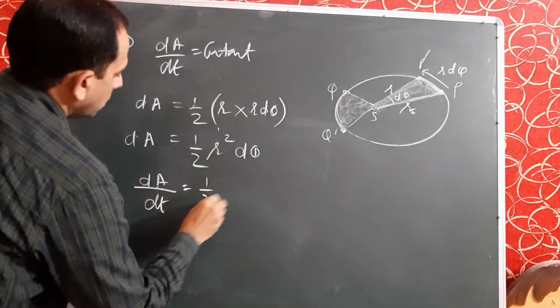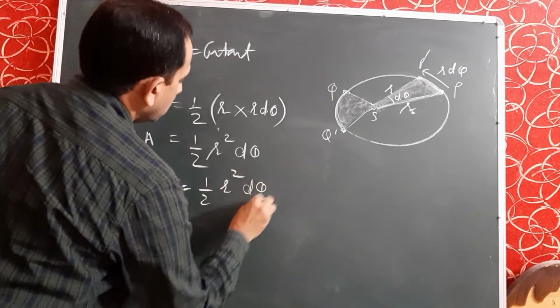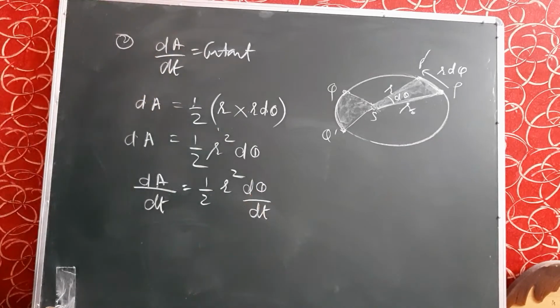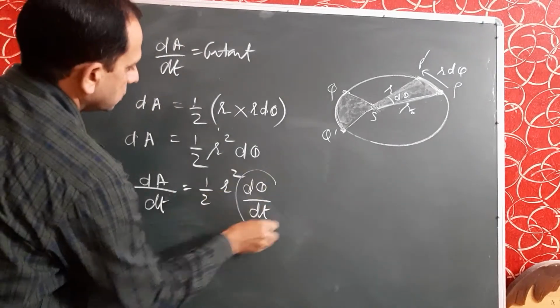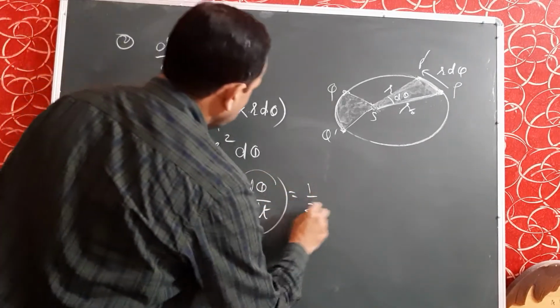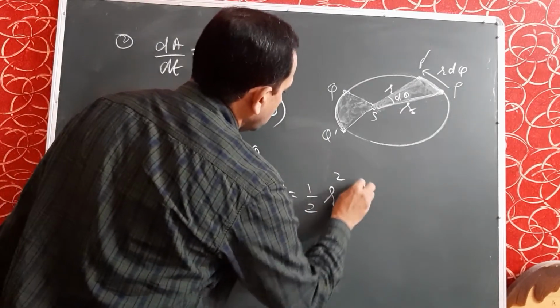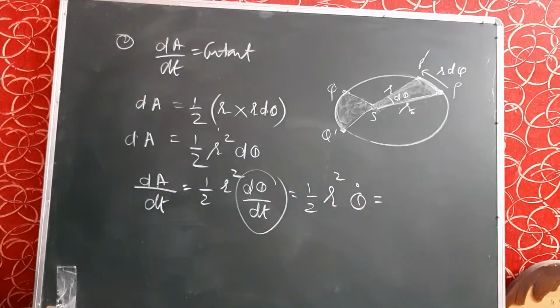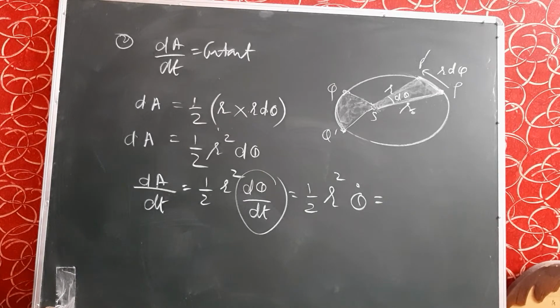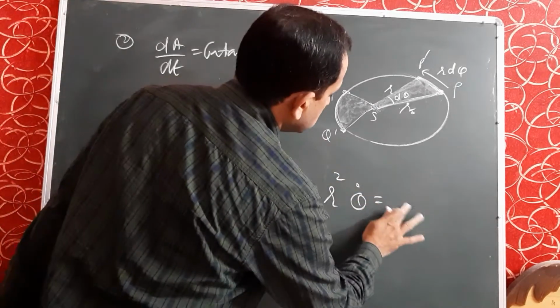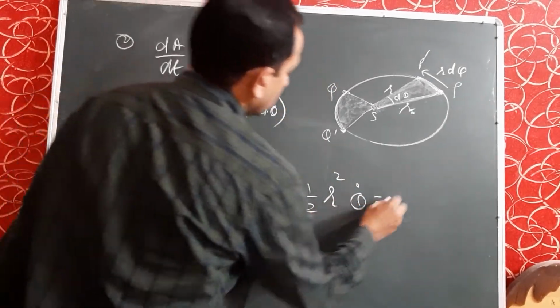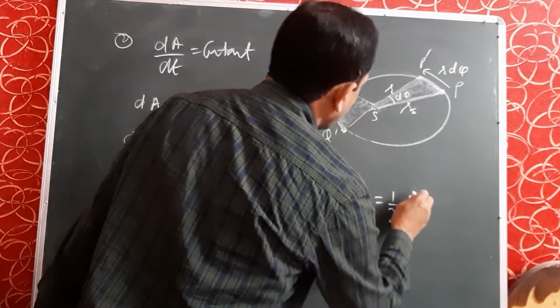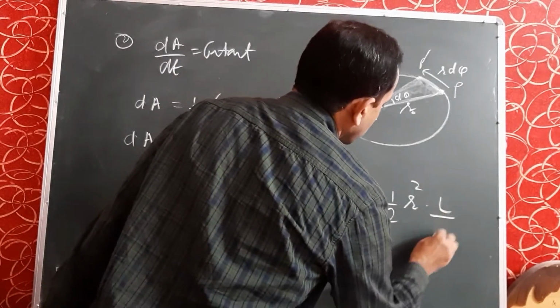we will get half into R square into d theta by dt. And what is this? This one is theta dot. It will be half R square into theta dot. You know that theta dot is L by mu R square. So this is half into R square into L over mu R square.